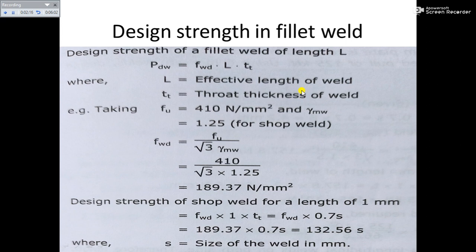Then the value of the design stress in weld is equal to 189.37 Newton per mm square, and design strength of shop weld for a length of 1 mm, that is strength of weld per mm, in Newton per mm, is fwd into L. L is taken as 1 because we are calculating the design strength for 1 mm length, into throat thickness, that is 0.7 S, where S is the size of weld, that gives 132.56 S.